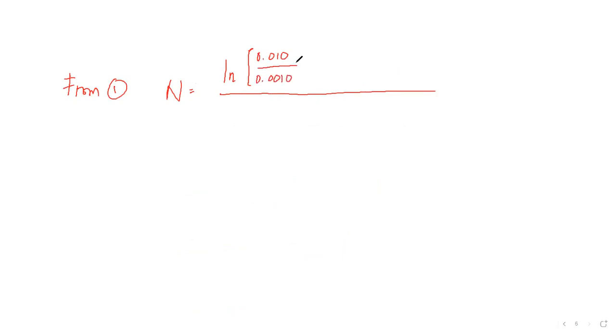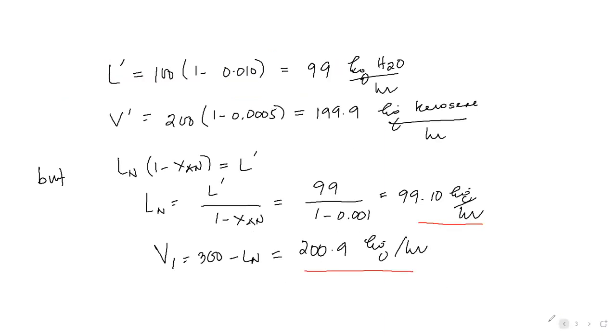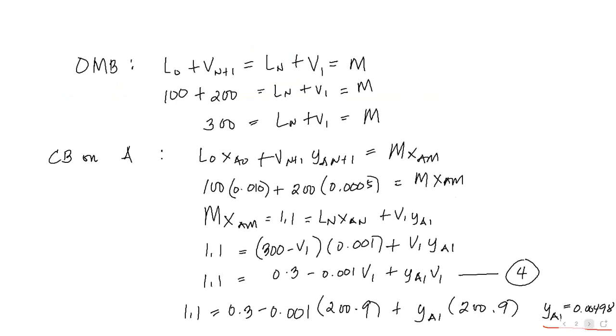So from equation 1, n is equal to, so we have the ln, xao is 0.010, xn is 0.0010, then we have ya1, forgot the ya1, 0.00498.